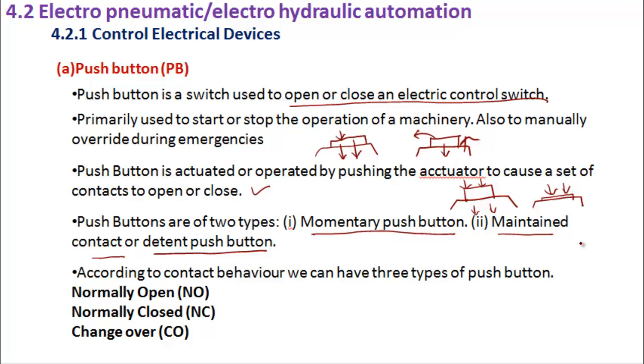And why does that happen? Because there is something like a detent. What is detent? Detent is just like an index or just like a slot. For example, you might have seen certain pens. When you want to switch on the pen, you have to press on top. When you press on top, the switch of the pen will go down, and the nib of the pen will come out, and you will be able to write.